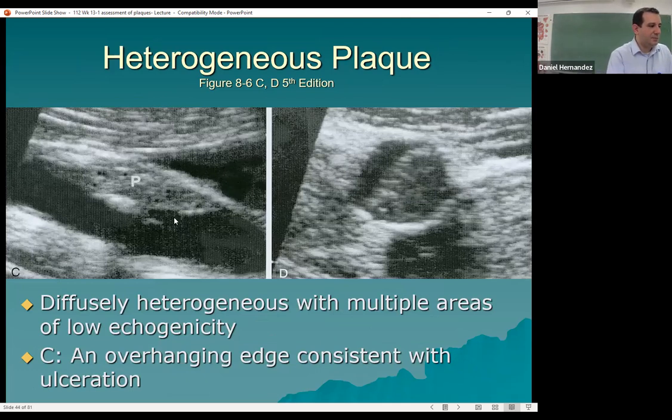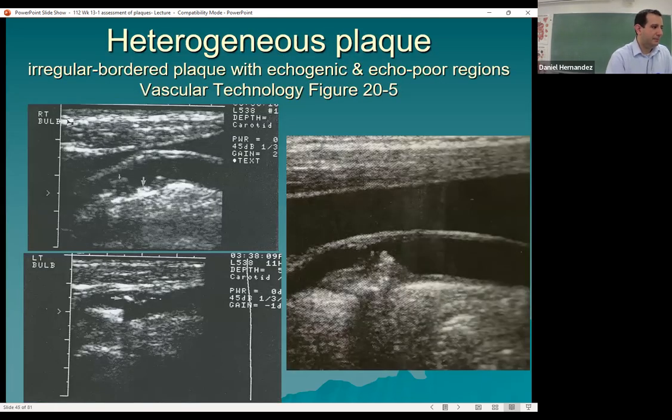Some more heterogeneous plaques, got some areas that are brighter, some areas that are darker in it. And some more heterogeneous plaques.